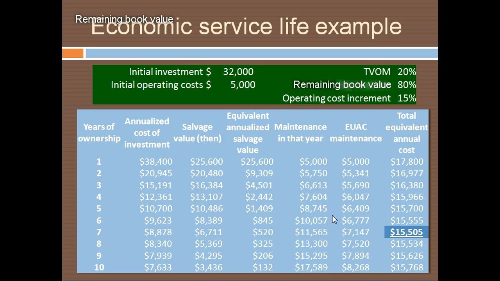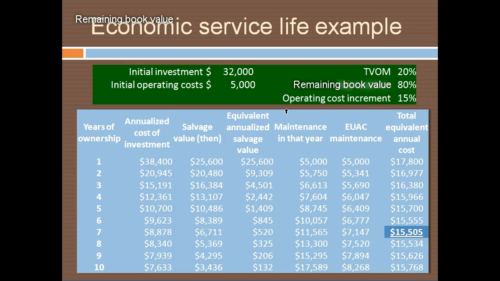If we invest $32,000 and keep it for 2 years, the annual worth of $32,000, that is 2 cash flows, one in year 1 and one in year 2, would be $20,945.